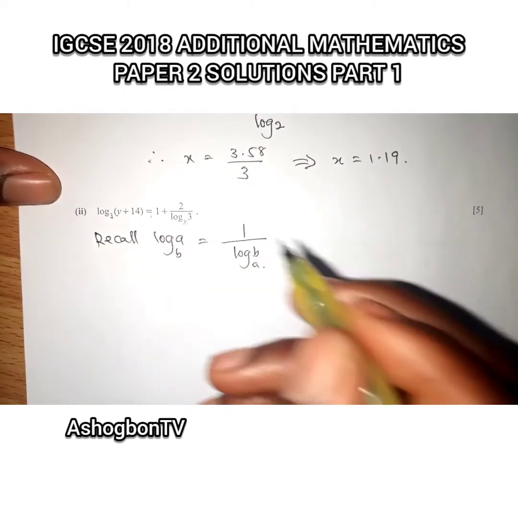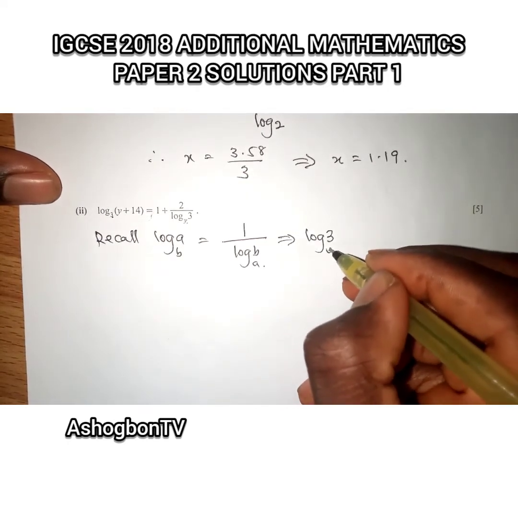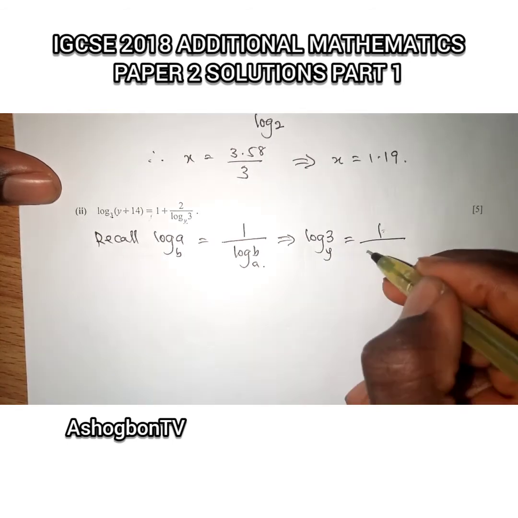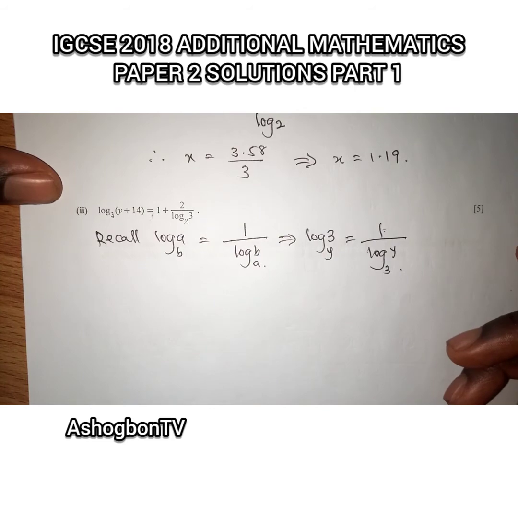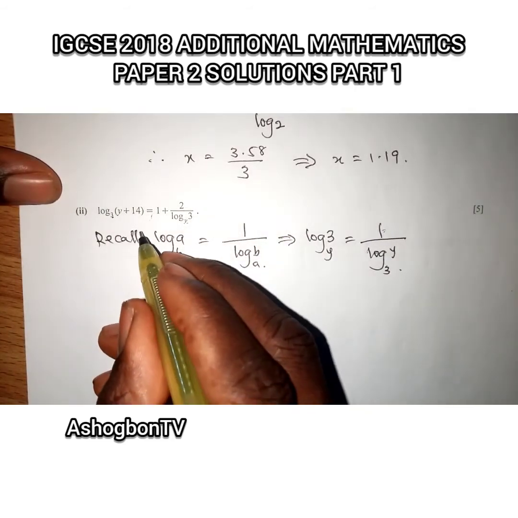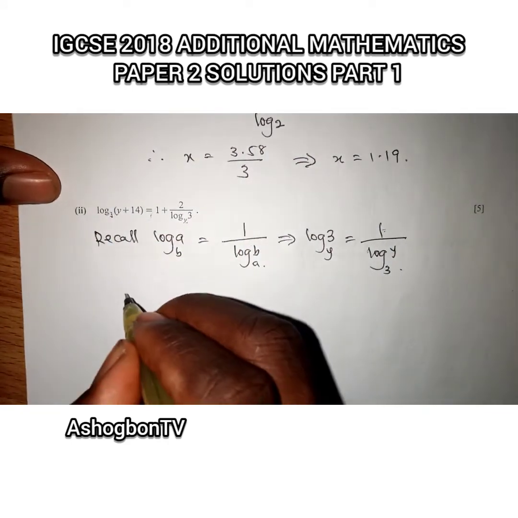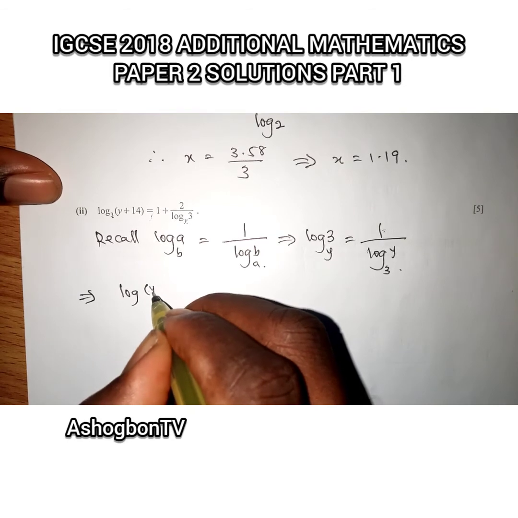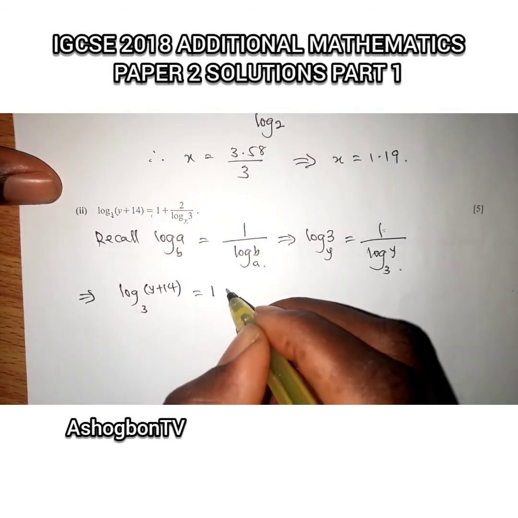That's exactly what I'm going to be doing here, which implies that log 3 base y is the same thing as saying 1 divided by log y base 3. Are you there? Yes. So what we're going to be having here will now be log y plus 14 base 3 equal 1 plus.